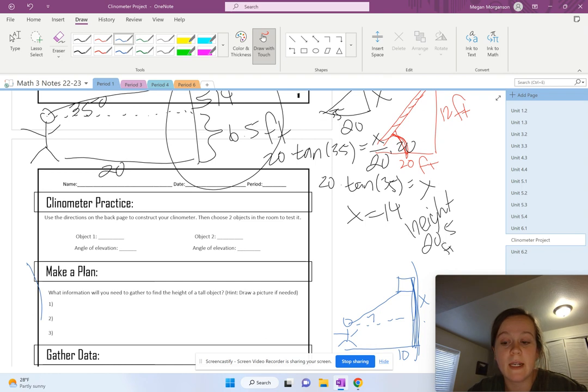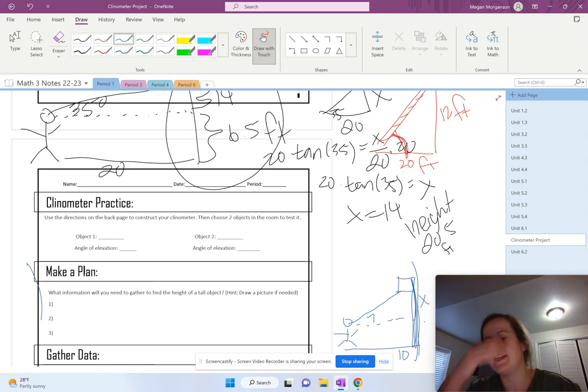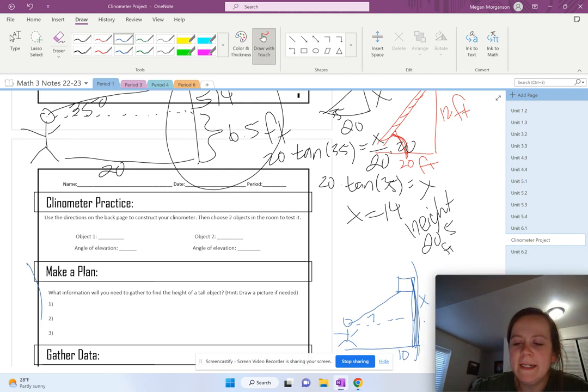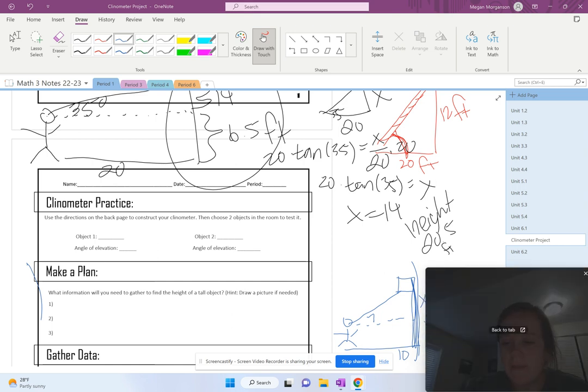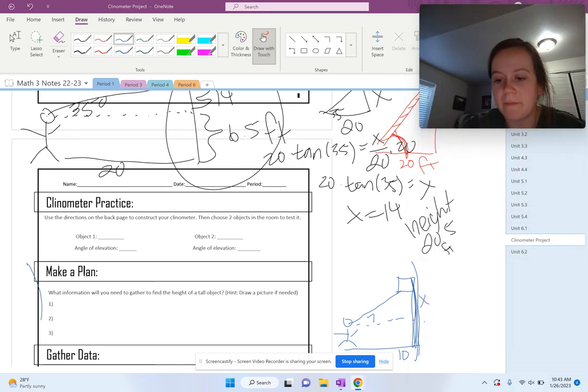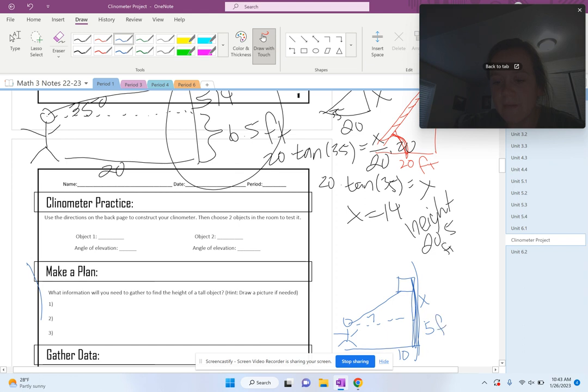You've got to convert it to feet. I'm 5'4". I'm going to say my eye level is about 4 inches down from the top of my head, so I'd say 5 feet. Oh no, I'm making it bigger. Okay, we'll put it there. So let's say this is 5 feet.